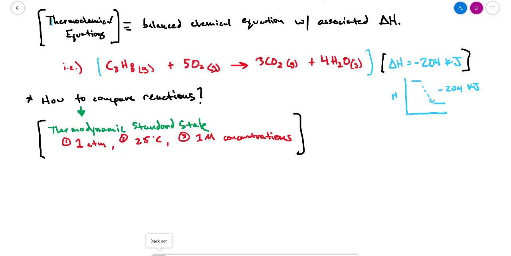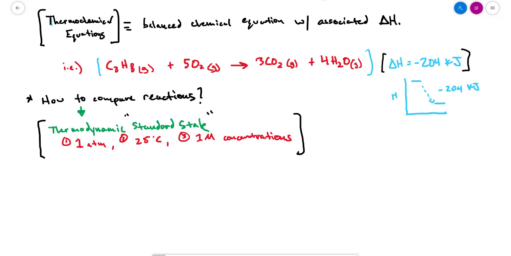We write these in what's called the thermodynamic standard state, or sometimes people just call this, and I will too, standard state conditions. Those conditions imply that the reaction is conducted at 1 atmosphere of atmospheric pressure, so that's sea level, 25 C, so just a little bit warmer than room temperature, and any gases or concentrations of solutions are all going to be at 1 molar.